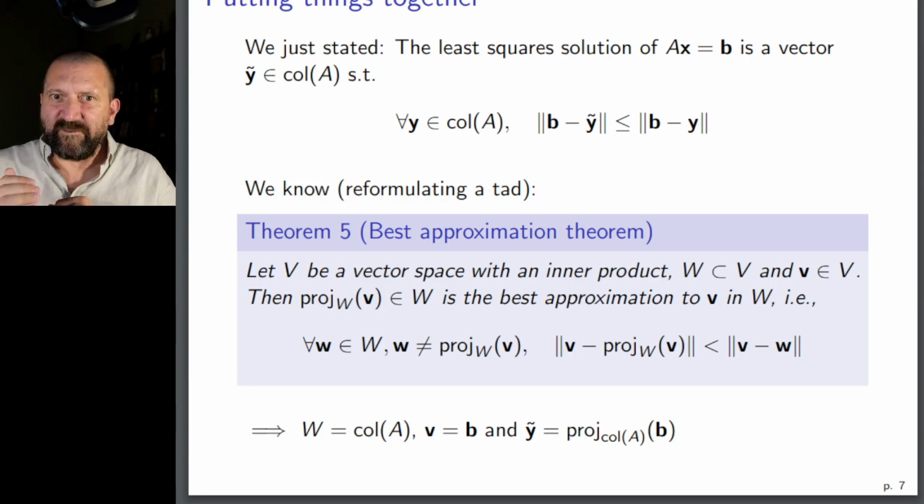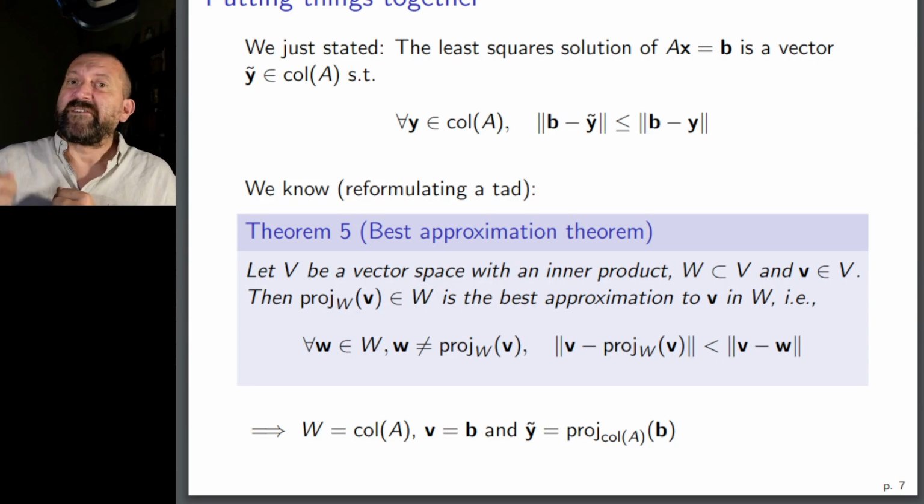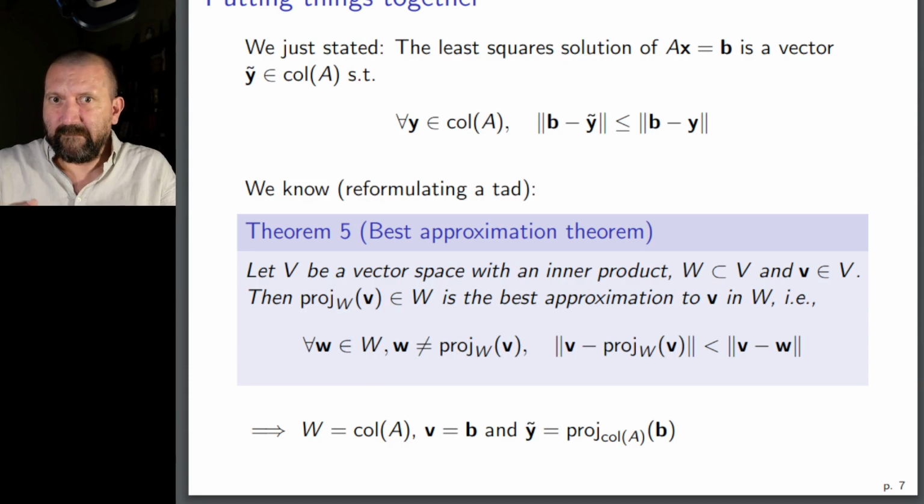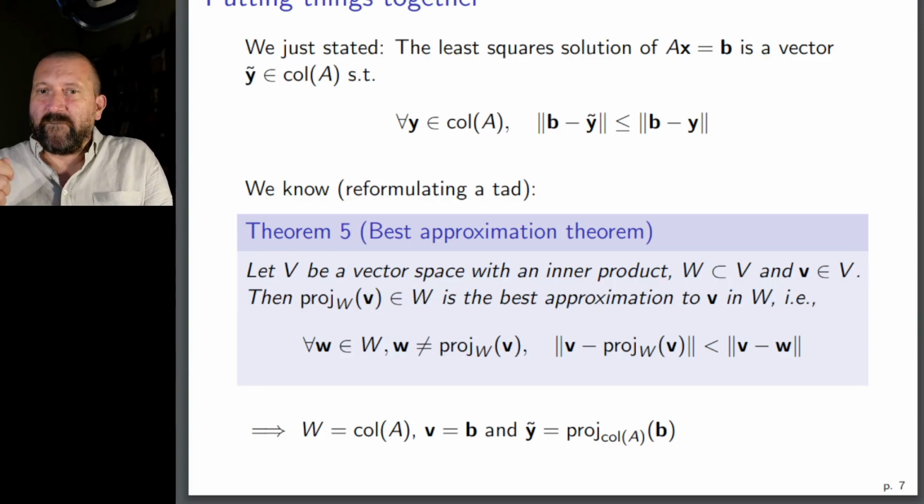For a vector space V with an inner product and a subspace W in that vector space, and a vector v in V, then the projection onto W of the vector v is an element in W. That's the best approximation to v in W, which means that for any w in the subspace W that is not the projection, the norm of v minus the projection is less than the norm of v minus w.